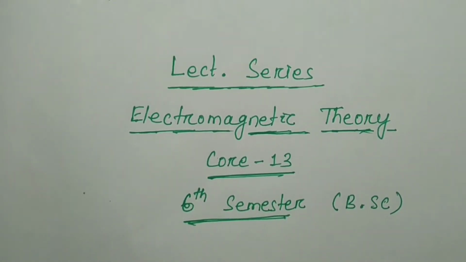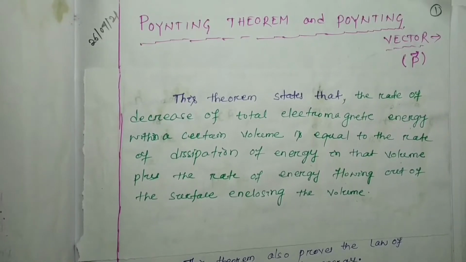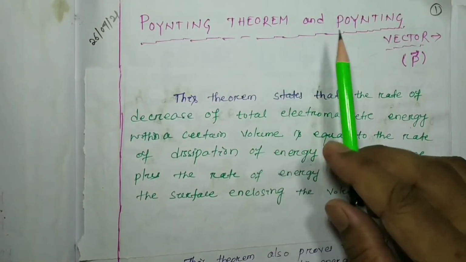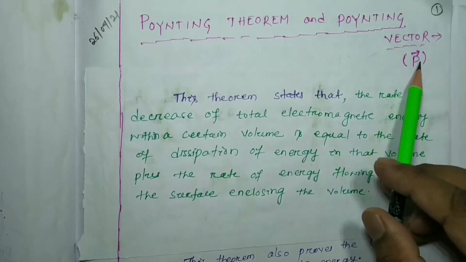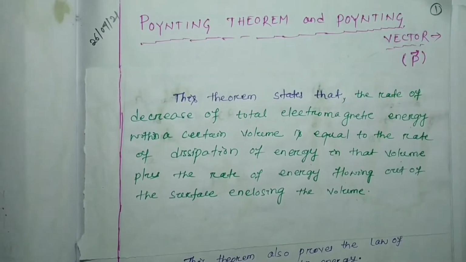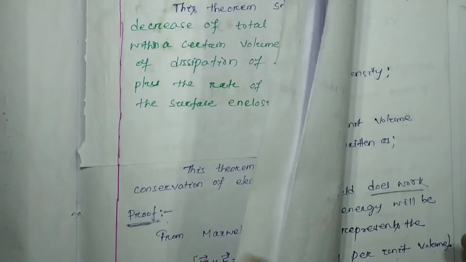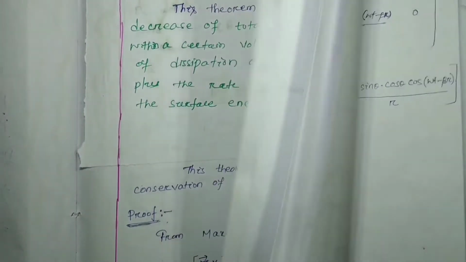In our last class, we discussed Poynting theorem and Poynting vector, which is represented by P, in detail.